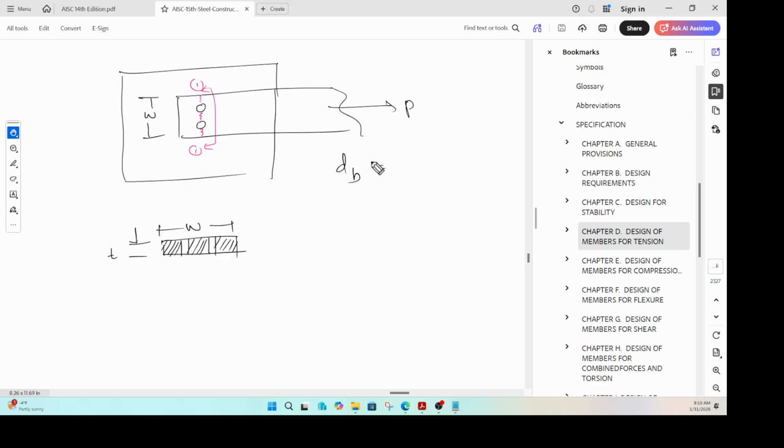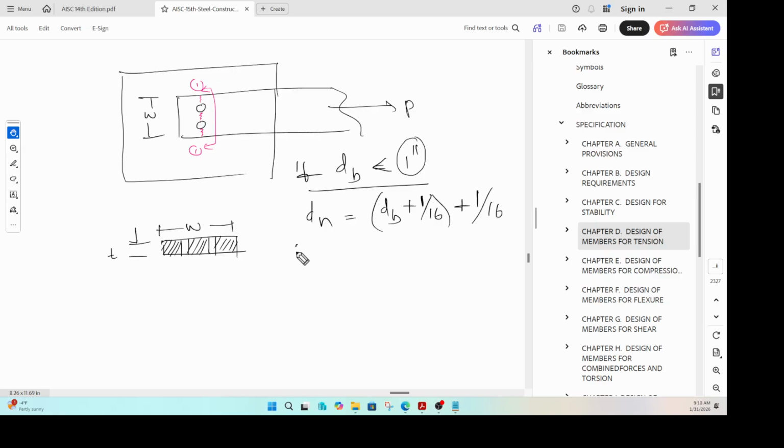If this d bolt is less than 1 inch, then the hole diameter, which is what we need, is the nominal diameter of the bolt, dB, plus 1/16 inch whenever the diameter of the bolt is less than 1 inch. So, plus another 16th of an inch.